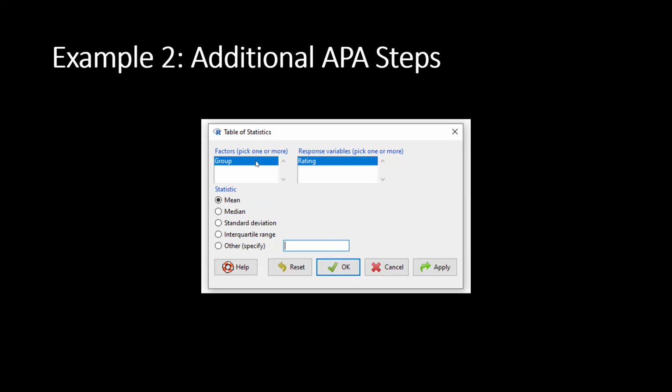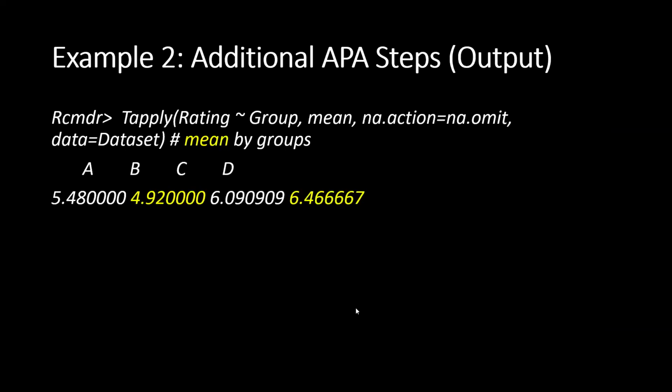Our factor is going to be our group. Our response variable is going to be the rating. And if we click OK, that provides us with the mean of each group. So the mean of group A was 5.48. The mean of group B was 4.92. The mean of group C was 6.09. And the mean of group D, if we round it, is 6.47.